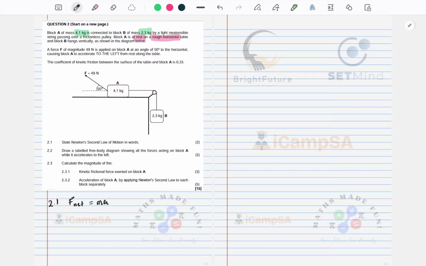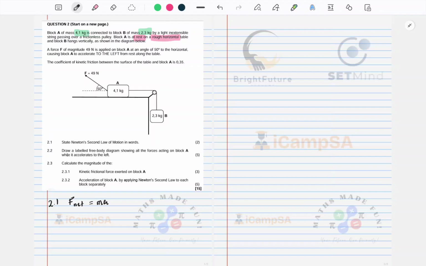So if the net force is going to the left, then these blocks are going to go to the left. If it's to the right, it's going to go to the right, right? And then it tells us that acceleration is directly proportional to the resultant force. So if we increase the force, we are also increasing the acceleration.